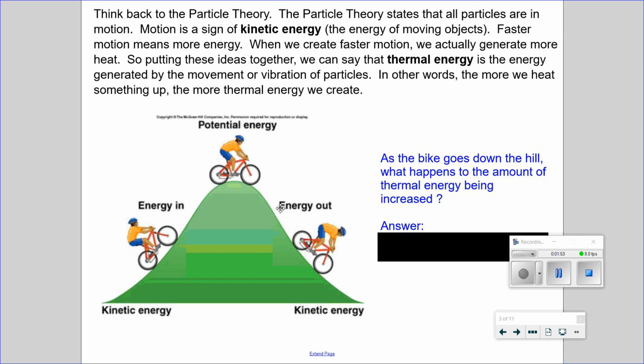So the question is, as the bike goes down the hill, what happens to the amount of thermal energy being increased? Put the video on pause so that you can jot down your answer. And I am not going to reveal the answer here. We'll share our responses in tomorrow's class.